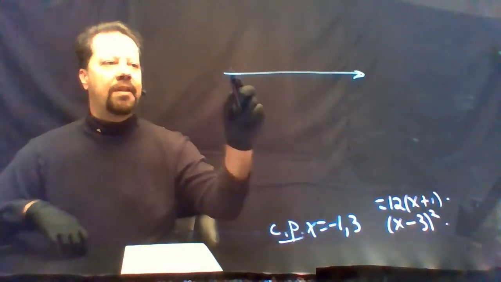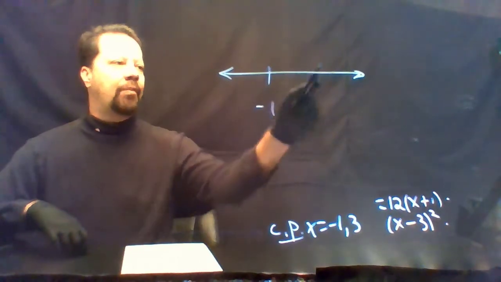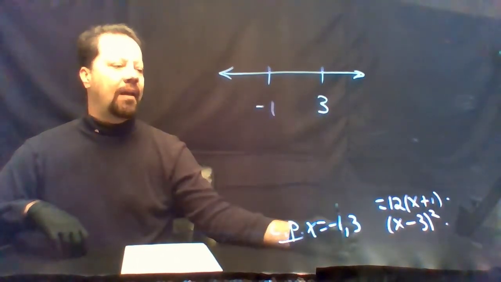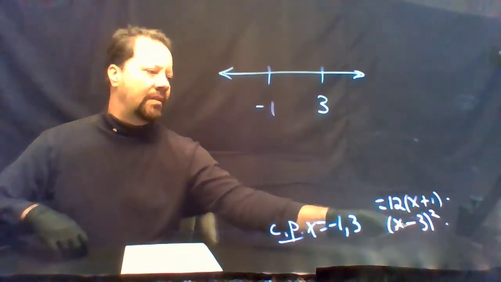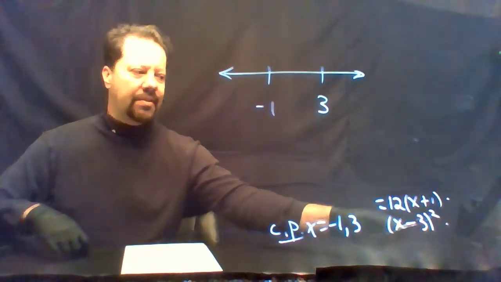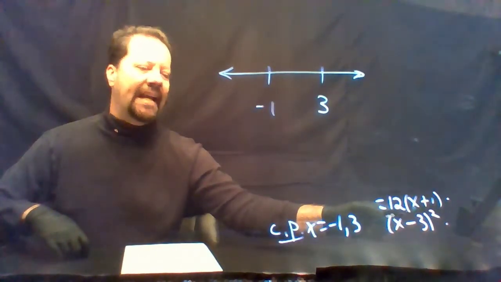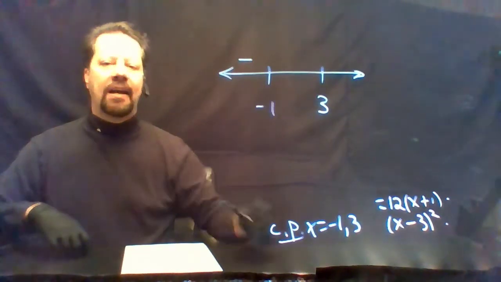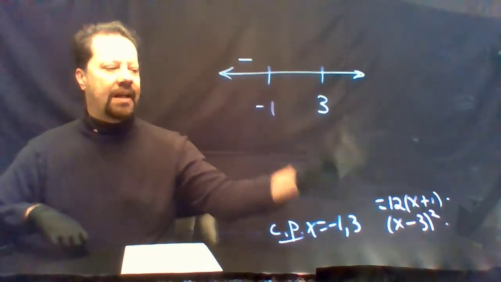Again, using the first derivative test, the only critical points are negative 1 and 3. And we'll see what happens at, say, -2. Notice that the x minus 3 is squared, so this factor will always be positive. If we're at -2, we'll get a negative, and the slope there will be negative. Let's try 0 next.